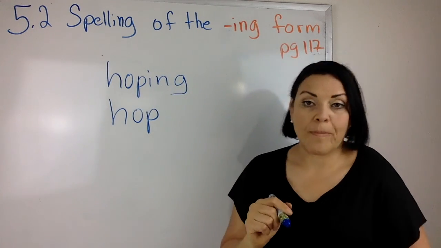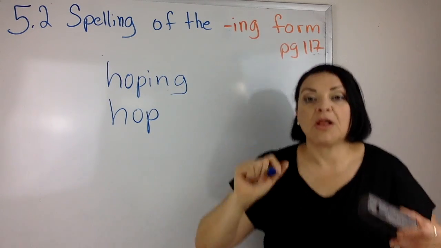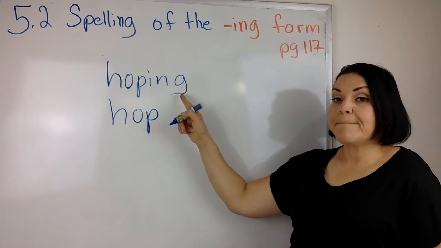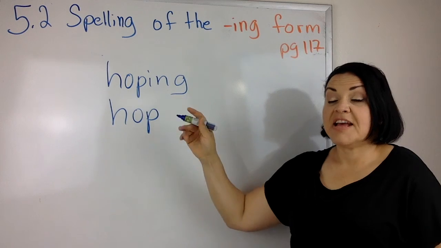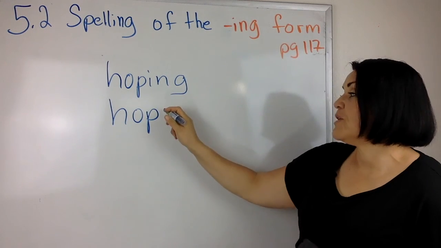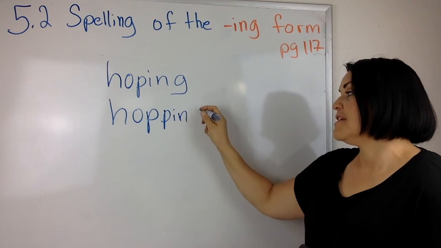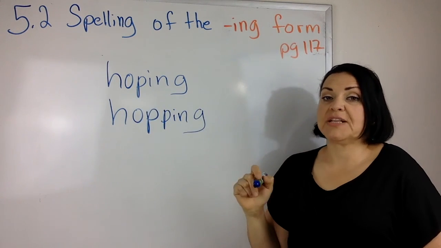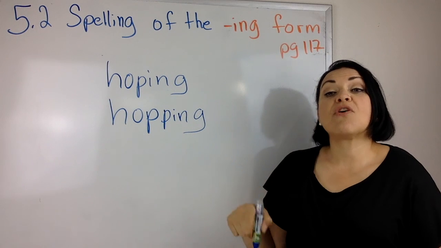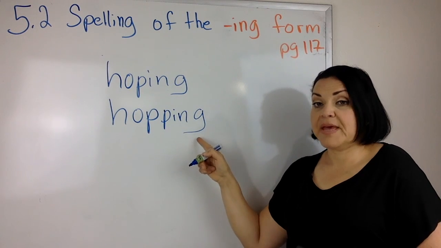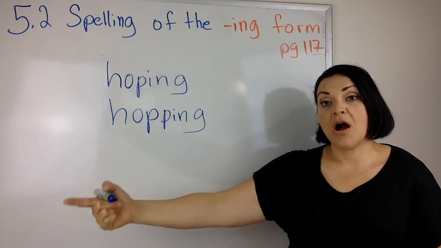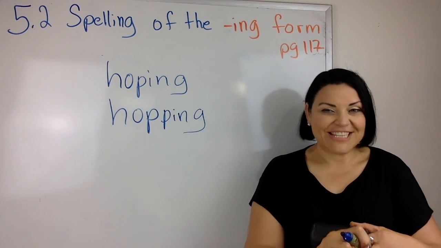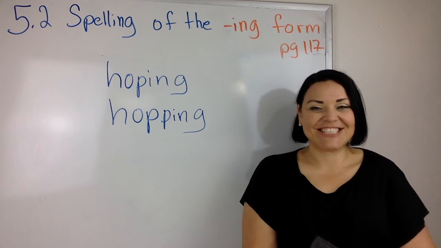Hoping, I'm hoping to pass your class. When people hop, that's hop. It goes up, and it's one syllable, so it would be hopping. The frog is hopping on the floor. Hoping, hopping. All right, we'll go on to the next section.